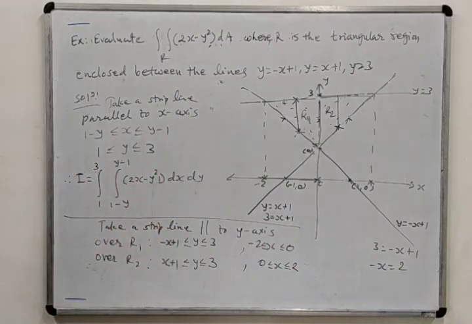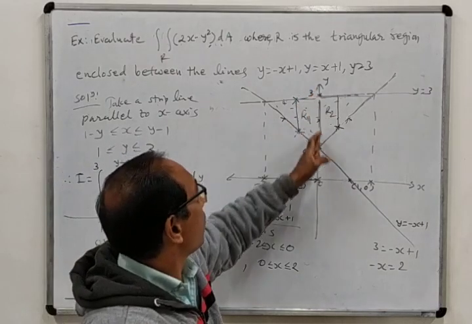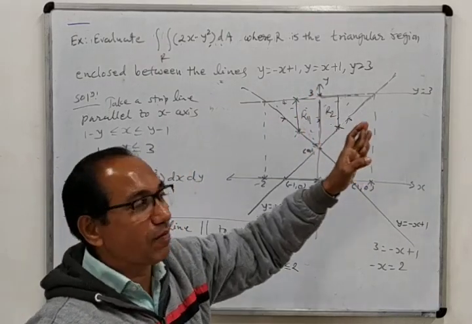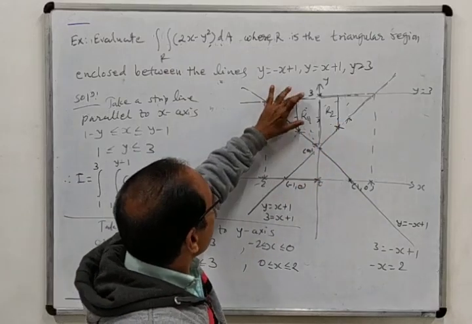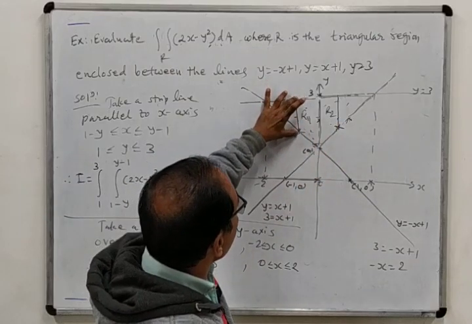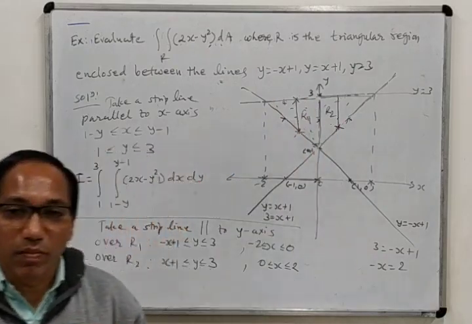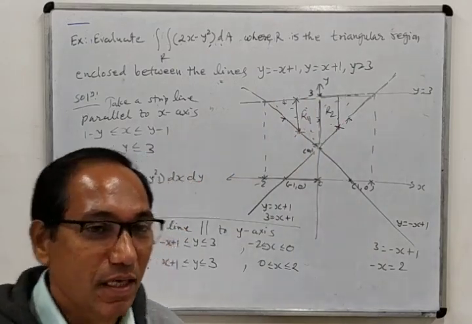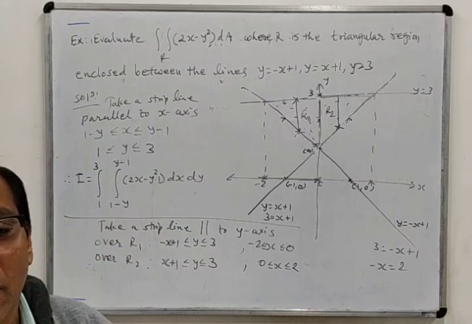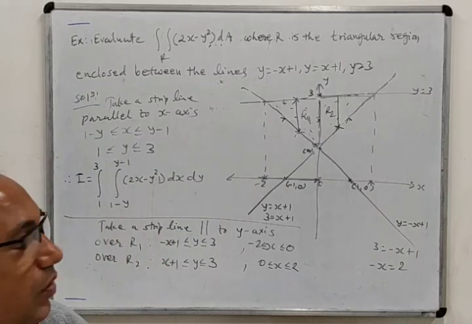Okay. So see, one thing you must remember that whenever we divide the whole region into two sub-regions R1 and R2, then in R1 if we take strip line parallel to y-axis, then in region R2 also you must take parallel to y-axis. You cannot consider different strip lines in two different regions.